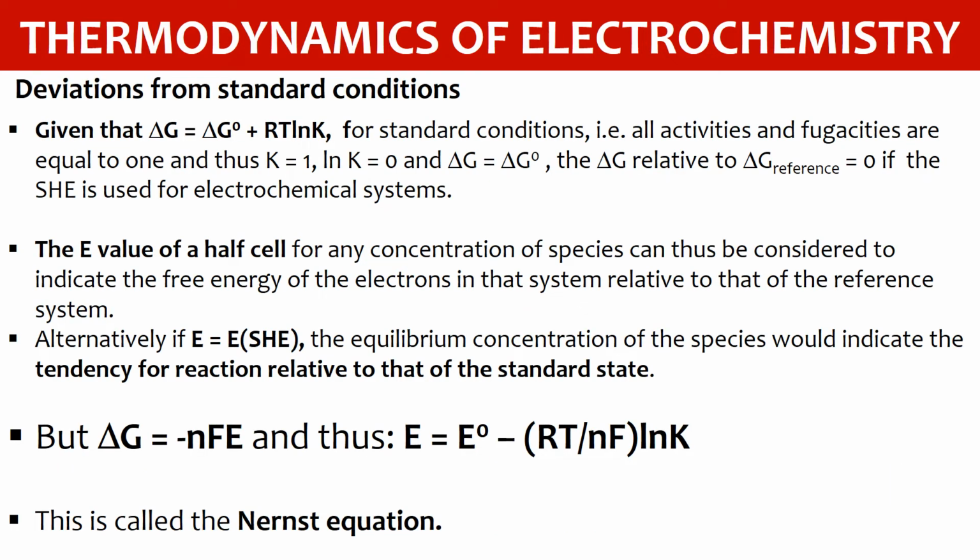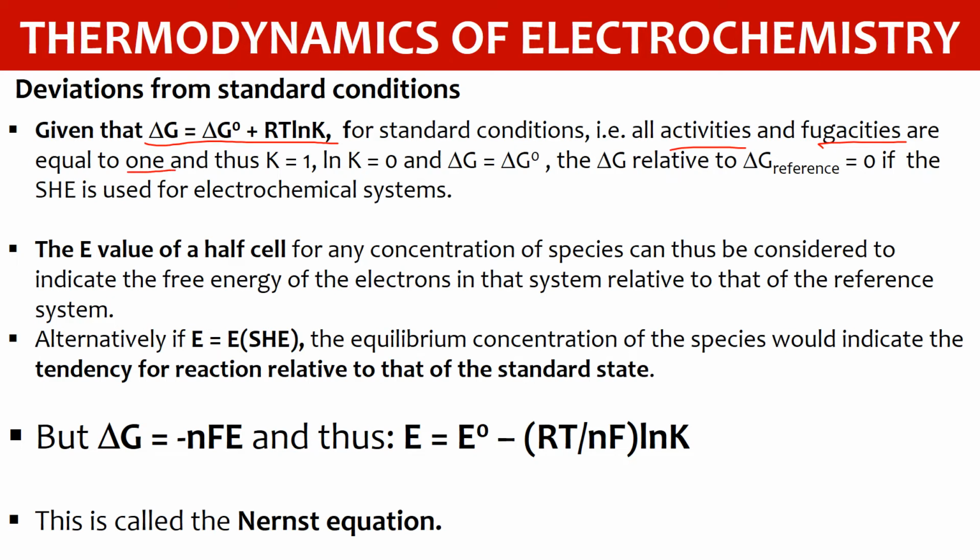Now, there are some deviations that can occur from standard conditions. Given that the change in Gibbs free energy is equal to the standard Gibbs free energy plus RT ln K. For standard conditions, all activities and all fugacities, I also want you to study what is fugacity and what is activity, are equal to 1.